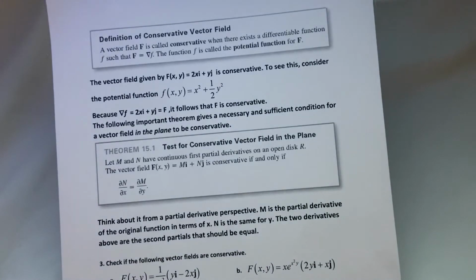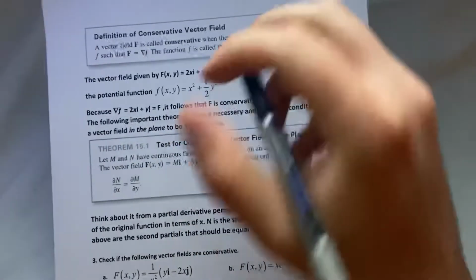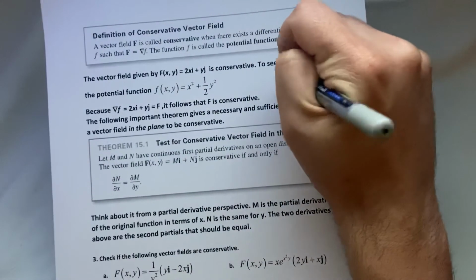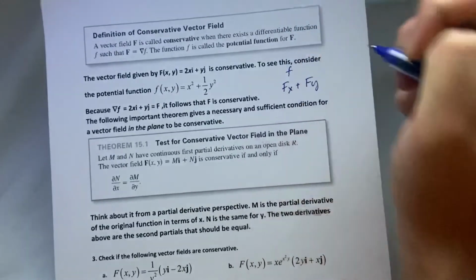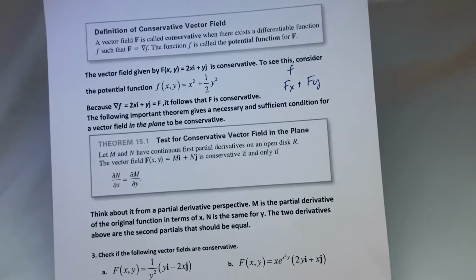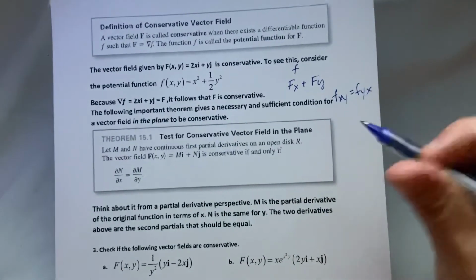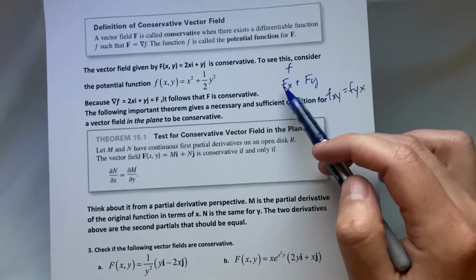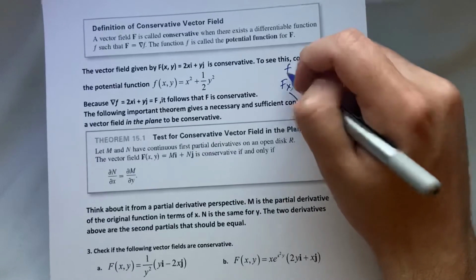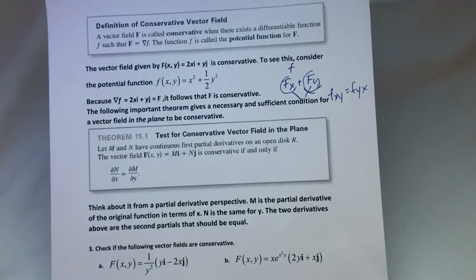Now, this gives an important theorem as a sufficient condition to be conservative. So we know that for this function, we need to have the partial functions f of x and f of y. Now, if they're both partial functions, we know this one true fact, f of xy equals f of yx, which means if they could both be derived from the same function, if this is the x partial derivative, I could bring them back together by taking the y partial derivative here and the x partial derivative here and get to the same answer.